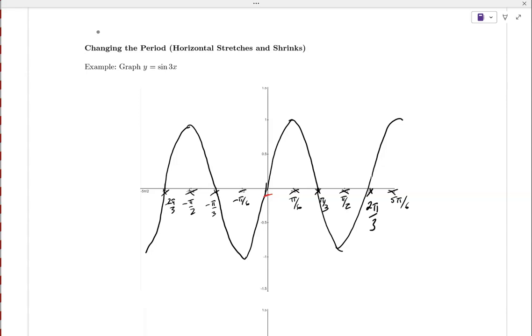I just divided everything by 3 because that's what the 3 on the inside tells me to do. So in this case, the period started at 2 pi and we divided it by 3. So this number here on the inside is what we're dividing by.